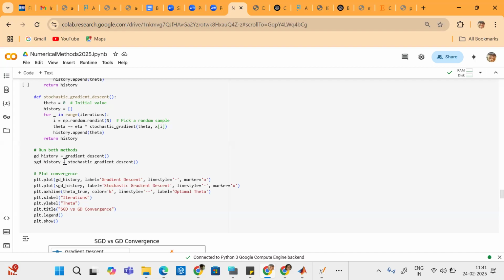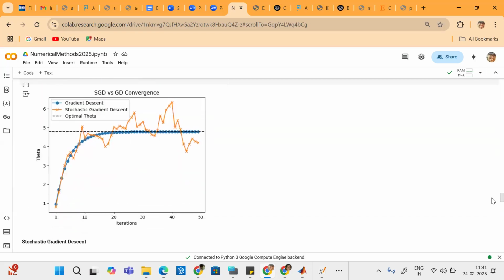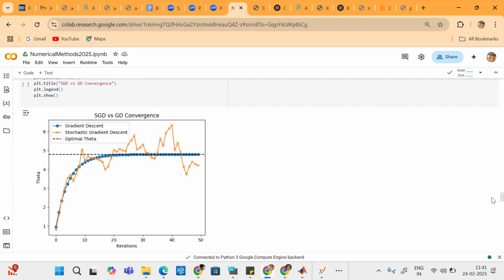These are all the plotting tools. You can see that gradient descent converges very nicely.